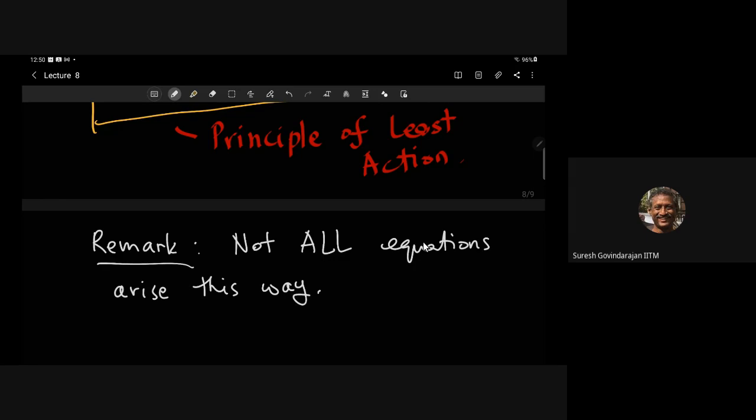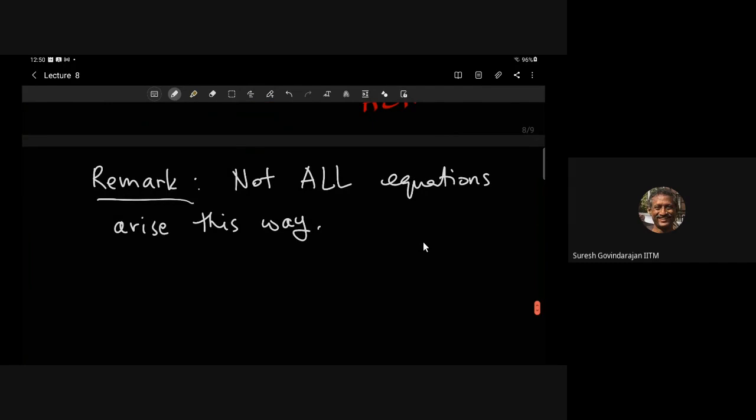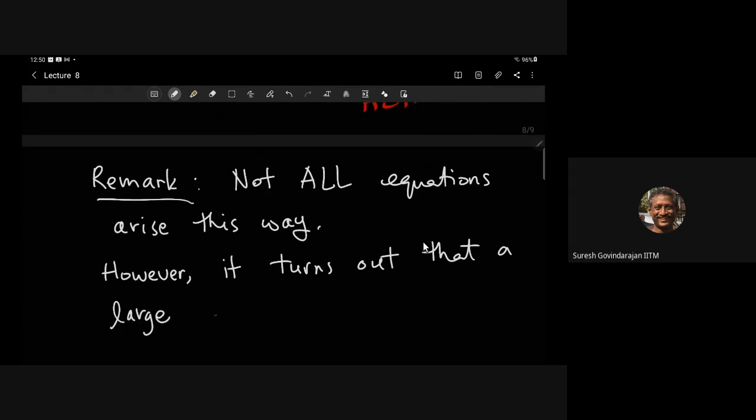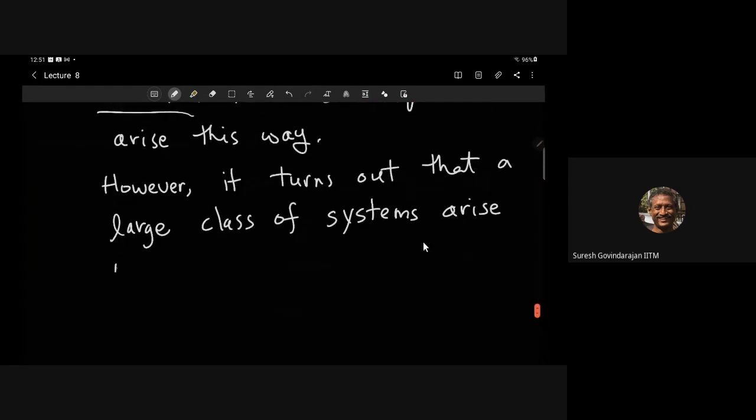So this is important. However, it turns out that a large class of dynamical systems arise in this fashion. So that is this picture.